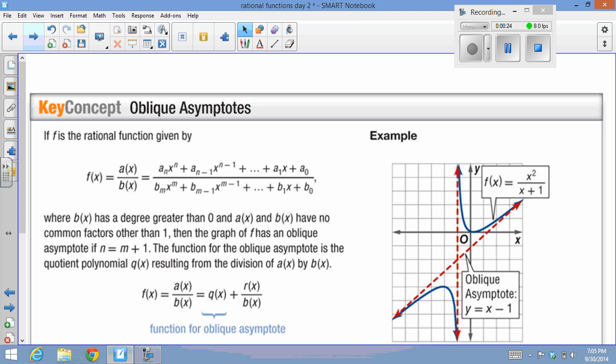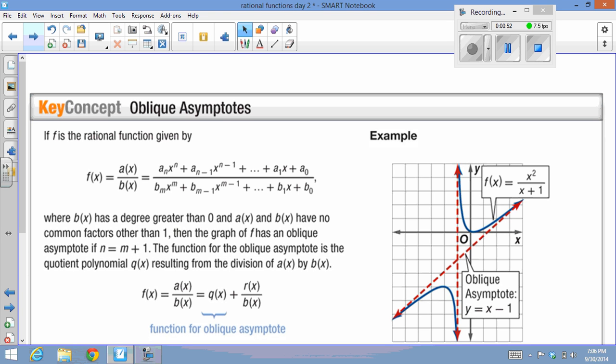The only type of asymptotes that we didn't talk about are oblique asymptotes. Oblique asymptotes happen when the top degree is bigger than the bottom degree. So if A degree is bigger than B degree, then that tells us we're going to have an asymptote. The asymptote is the equation y equals only the quotient.